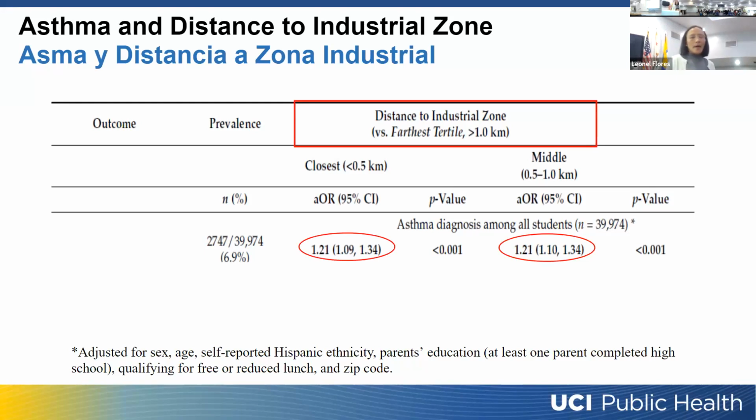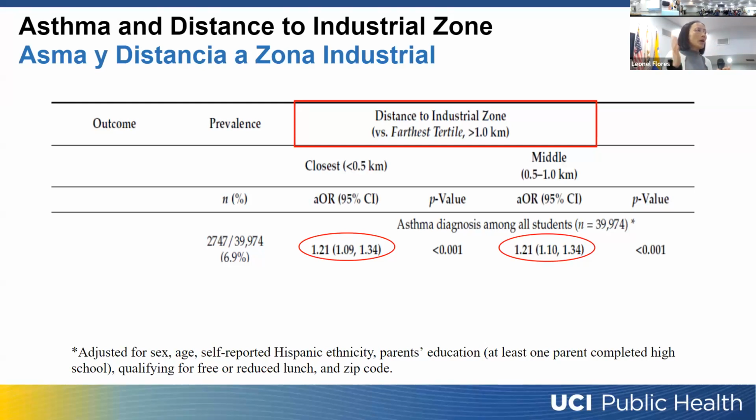Next. Yeah. So this basically shows that the further the distance from the industrial zone, the lower the odds of having asthma. In other words, for people who live within a very close distance, here our reference line is 0.5 kilometers away from the industrial zone.